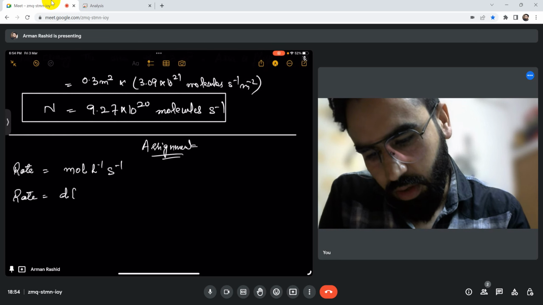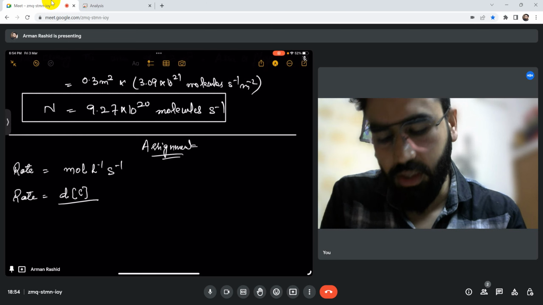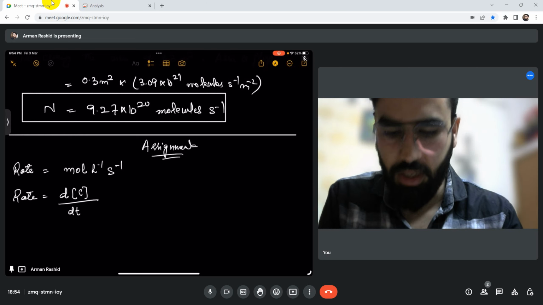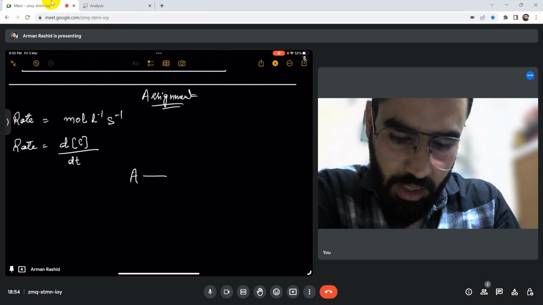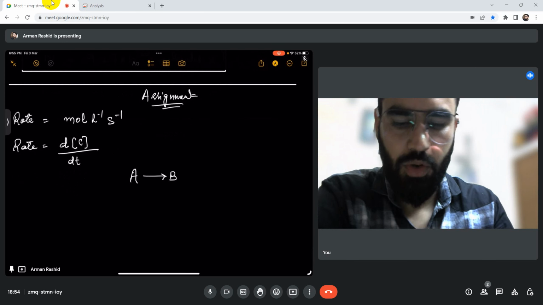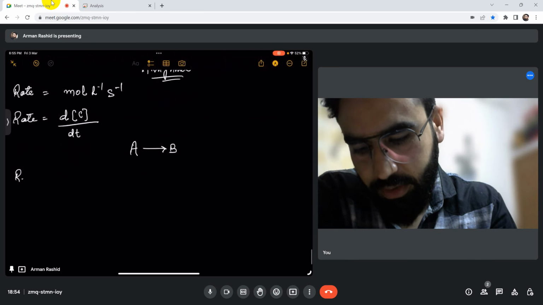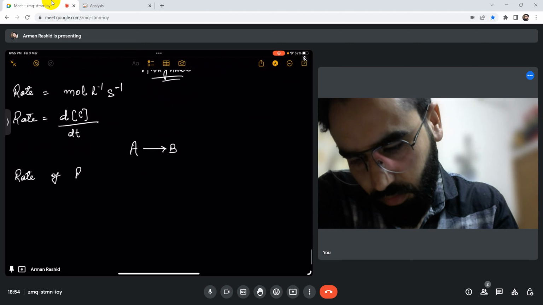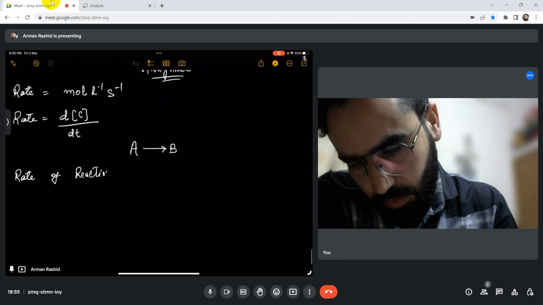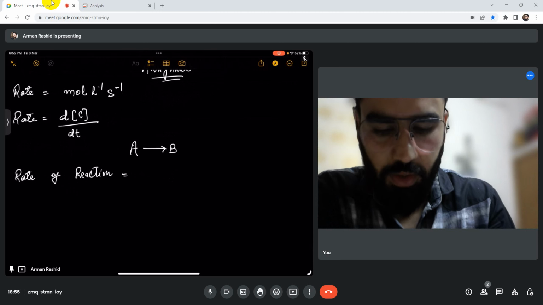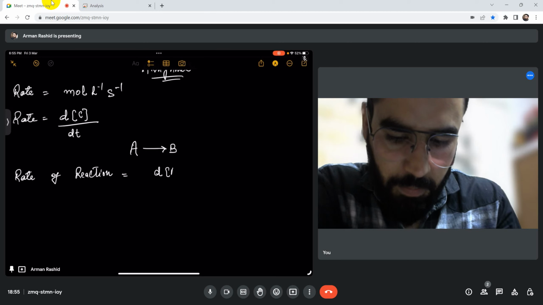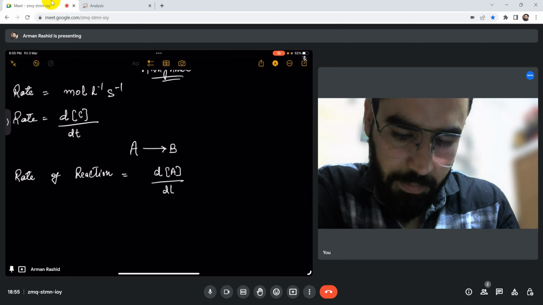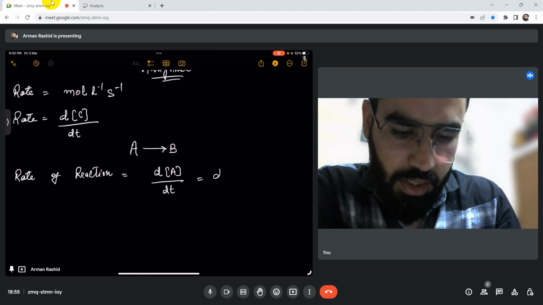The rate of a reaction is given by the rate of change of concentration, d[ ]/dt. For example, if we have a simple reaction, A getting converted into B, the rate of reaction will be equivalent to the change in concentration of A per unit time, or the change in concentration of B per unit time.